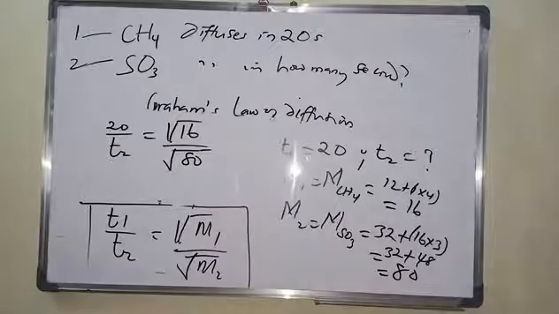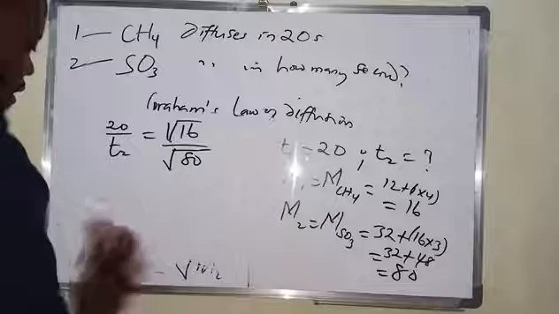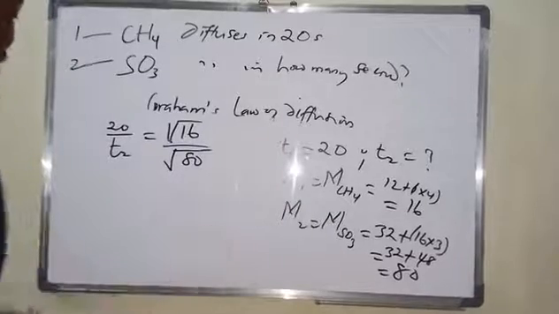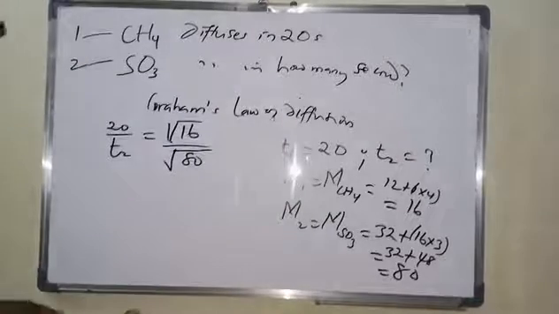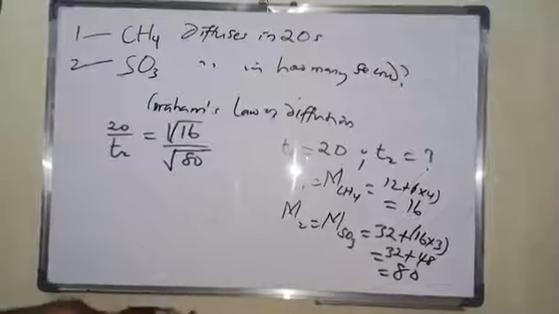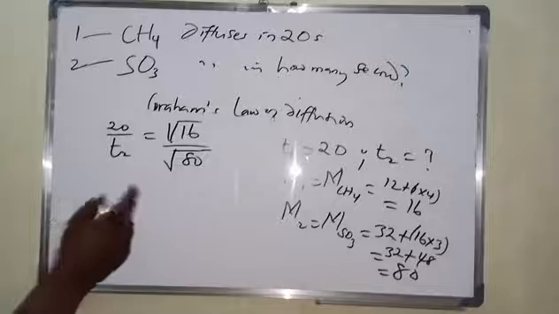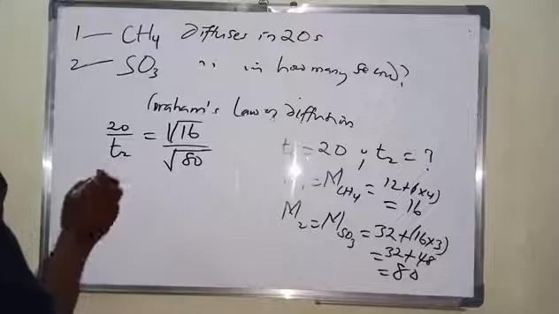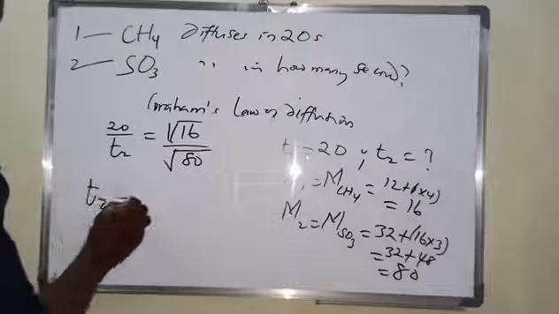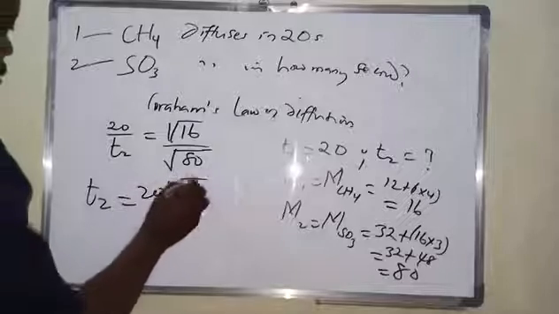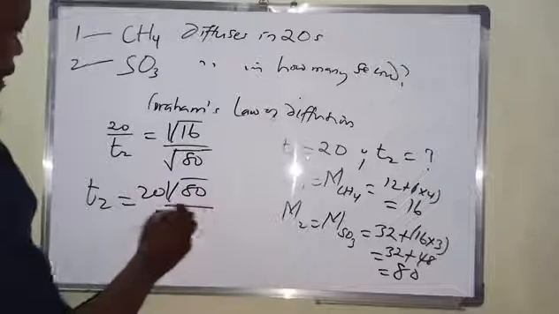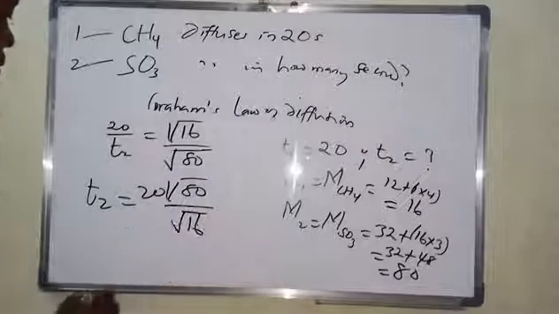Using this formula, we should have T2 equals 20 times root of 80 over 16.